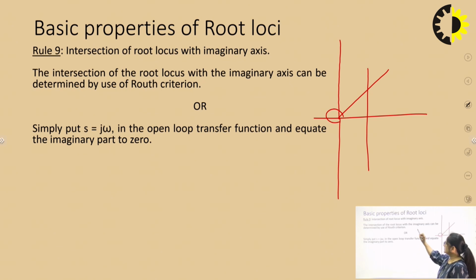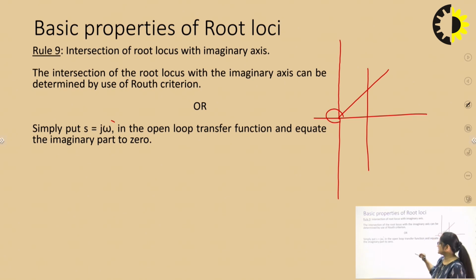One is that it can be determined by the Routh criterion. Or another way to find the intersection of the root locus with imaginary axis is that, wherever we have s in the equation, we can substitute it with j omega in the open loop transfer function and equate the imaginary part to 0.